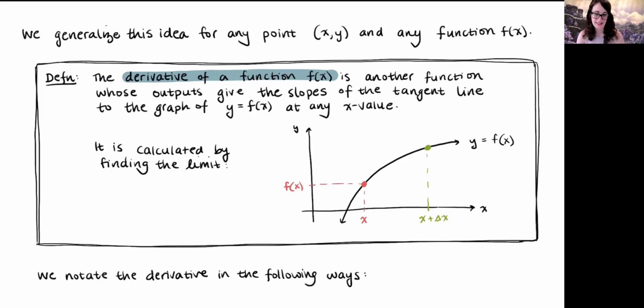If you don't like the delta x, it is a little clunky. Some people use h in place of delta x, like we did in the difference quotient. You can do that. Then that means that the y value here is going to be f of x plus delta x. Now what we want is the slope of the tangent line here. We're looking for this line slope.